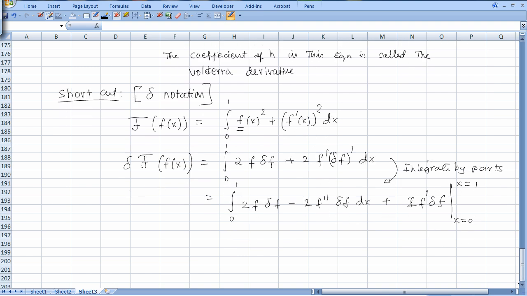And again this will be integral 0 to 1 of 2f minus 2f double prime delta f dx. This is again the Volterra derivative.